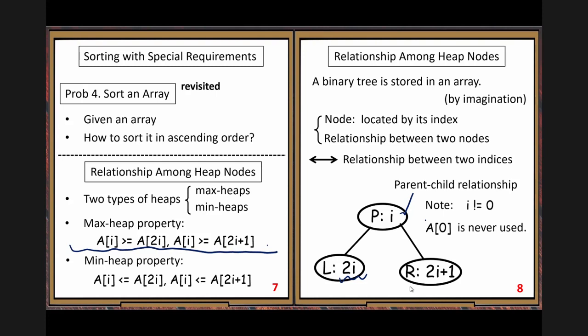For the max heap, which of the left child and right child is larger or smaller is not important. We do not say anything about the values between left child and right child. Either one can be larger or smaller. So then we have this max heap concept.